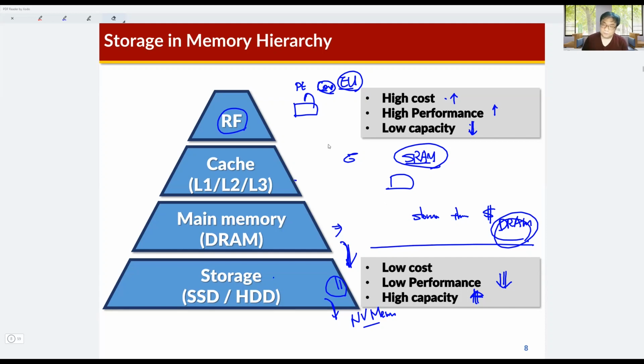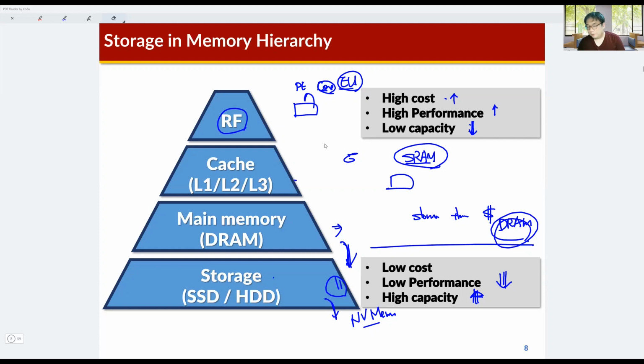So why do we use the memory hierarchy? Because we can exploit the locality found in the application. That means data locality.